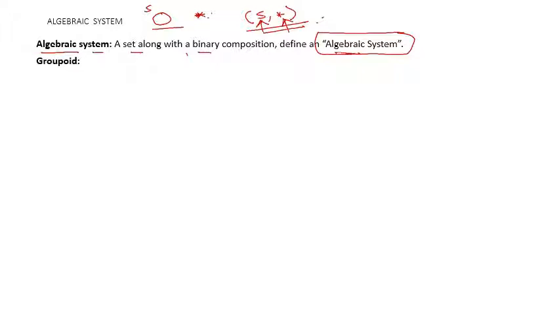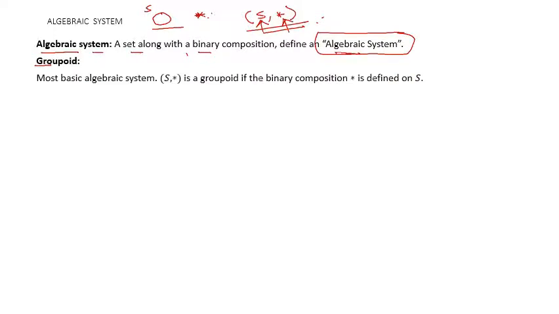We start with the simplest algebraic system, which is a groupoid. The groupoid is the simplest algebraic structure or algebraic system.